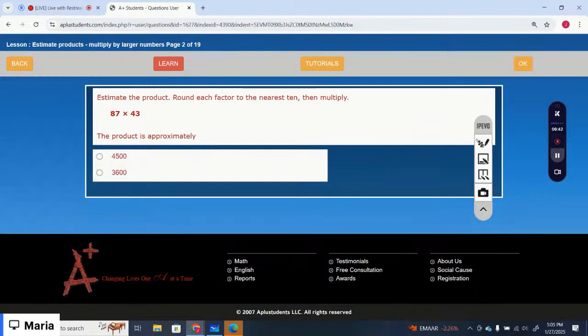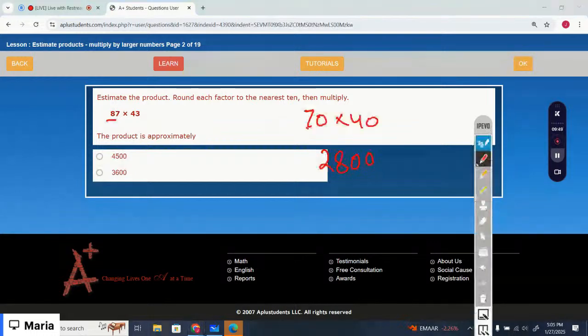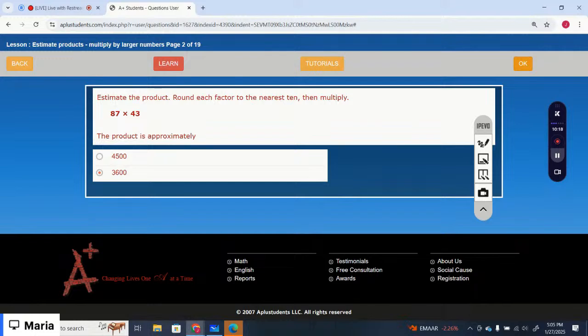So 87 is rounded off to 90 and 43 is rounded off to 40. So which is the correct option? That is 3600. Option number 2 is the correct option.